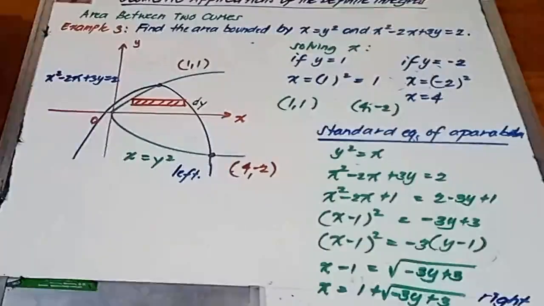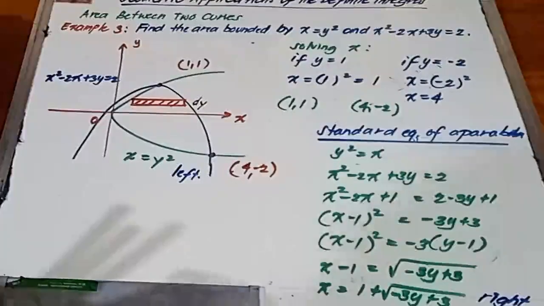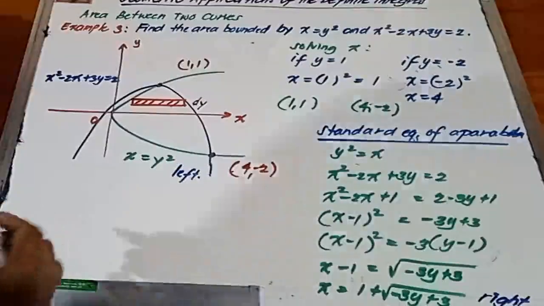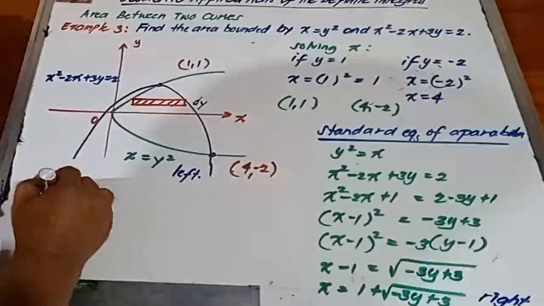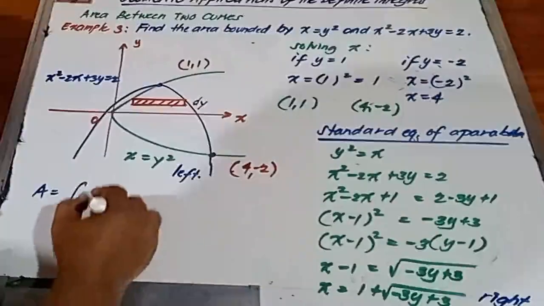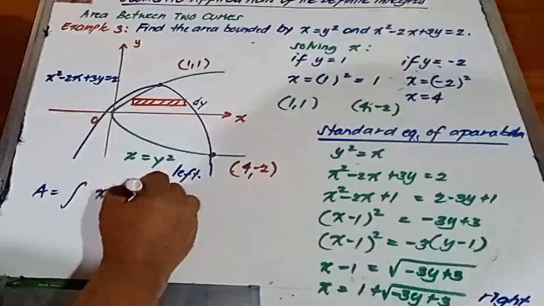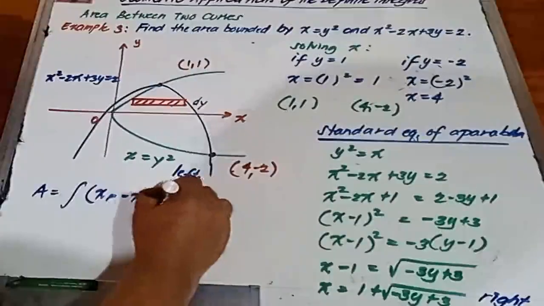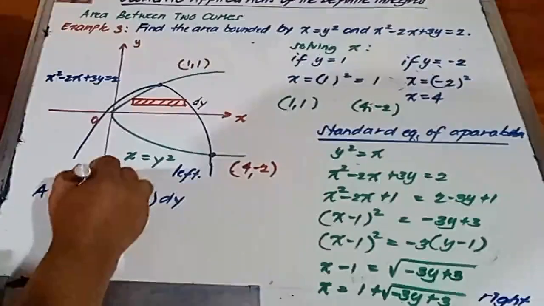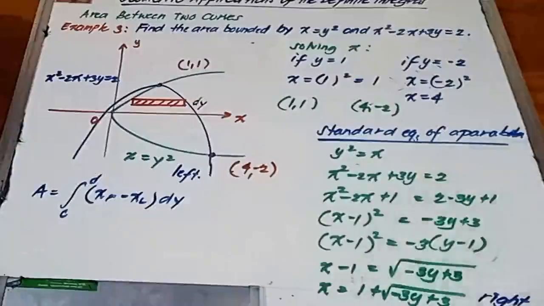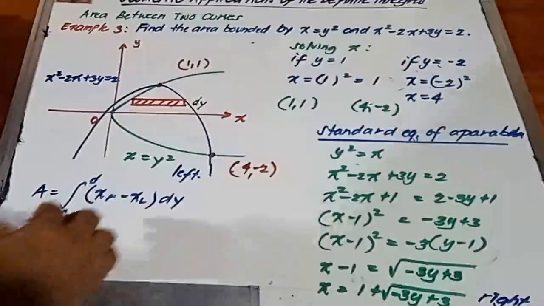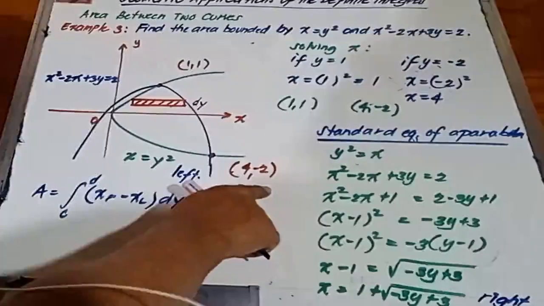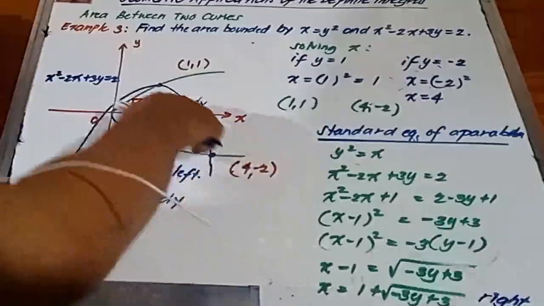Now, gamit yung ating formula ng area na horizontal strip or horizontal element, we have area is equal to the integral of x to the right minus x to the left times dy from c to d. Ano yung c to d natin dyan? Edi from negative 2 to 1.